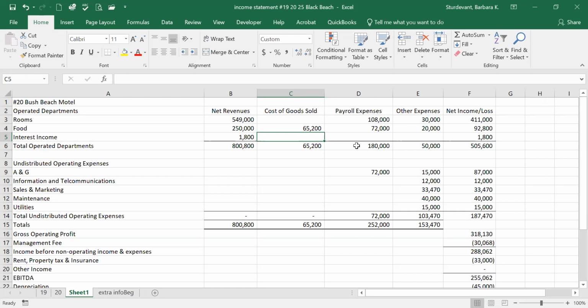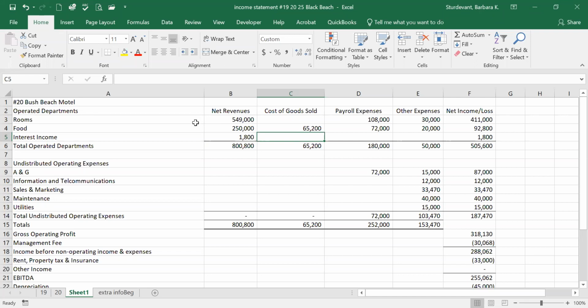I have a question. Yeah. You wrote 549 for rooms. Why is that if the book says 555? Okay. Make sure you look for those allowances. So that's like to cover your returns or with your rooms.